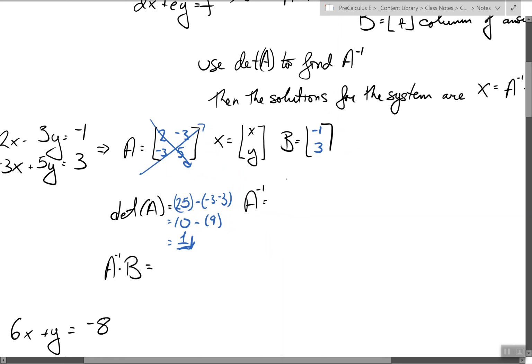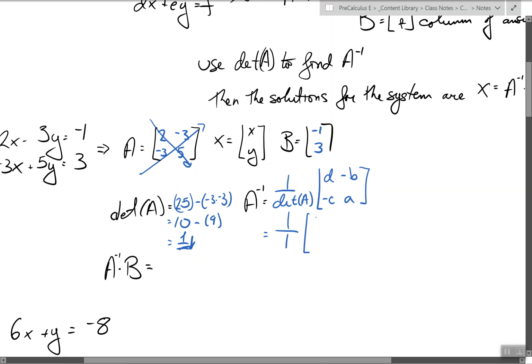Remember that the inverse of A is always going to be 1 over the determinant. Then we are going to switch, if it was A, B, C, D, we would switch the two values there and then change these to the opposite sign. So D, negative B, negative C, A. So for the A we started out with, it'll be 1 over the determinant we just found, so 1 over 1.